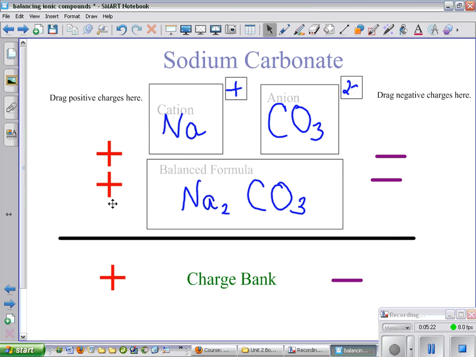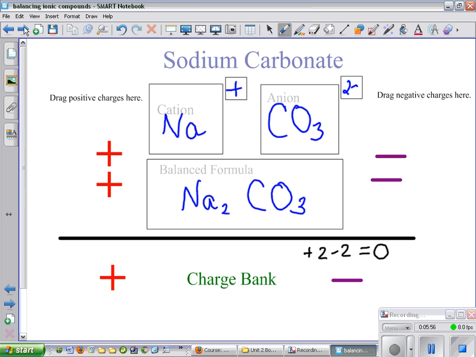So we end up with +2 plus a -2, which gives us a total charge of 0, which means we have a neutral compound, sodium carbonate. And that is how you write and balance formulas for ionic compounds.